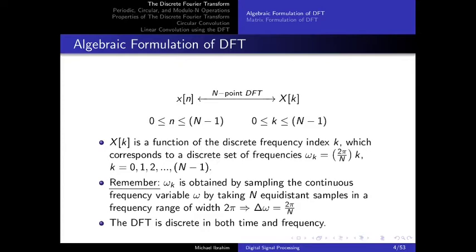The discrete Fourier transform is discrete both in time and in frequency. In time we have the time index n, which only takes integer values, so we have discrete time, and in frequency domain we have the frequency index k, which means we have integer values of k, discrete frequencies only, as opposed to the discrete time Fourier transform, the DTFT, in which we have discreteness in time, but the frequency domain is continuous.